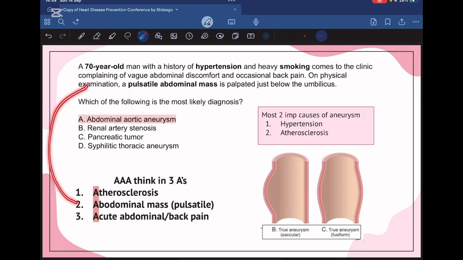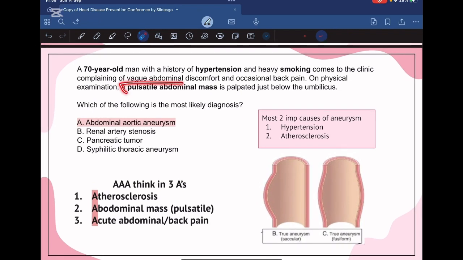Let's go back and read the scenario. We'll go back to the patient. First, we saw the keyword, a pulsatile abdominal mass. Okay, you saw the keyword, so you will suspect abdominal aortic aneurysm, but I need to make sure he has the risk factors. Go back to the patient. First, he's a man. Second, he has a history of hypertension. Third, he is a smoker. So you remember the risk factors.